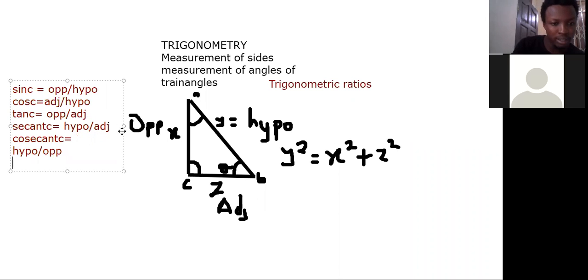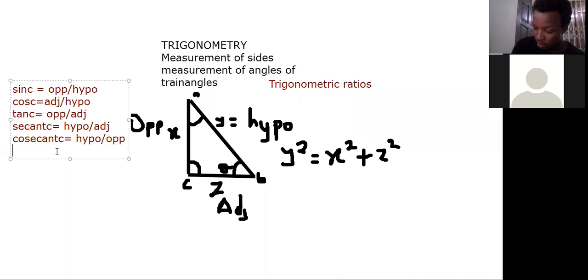The short name of the cosecant is cosec. The short name for the secant is sec. That of the tangent is tan. That of the cosine is cos. That of the sine is sine. So that is it. Now, the last one we are going to consider under elective is the cotangent.